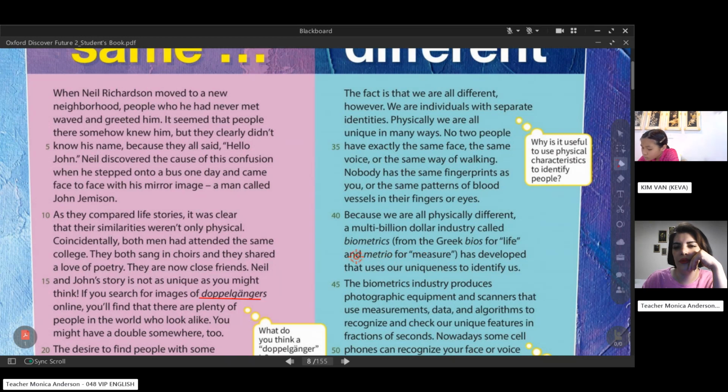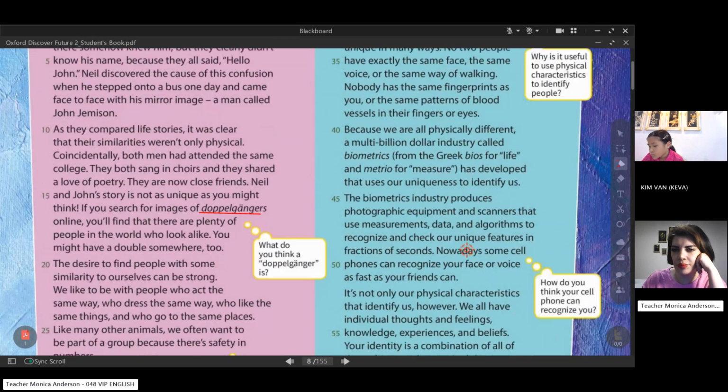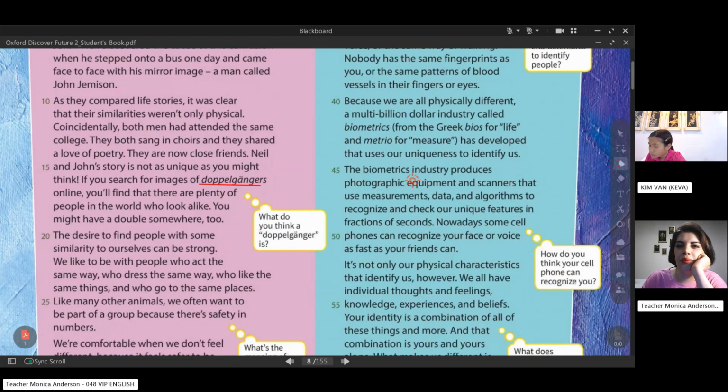Because we are all physically different, a multi-billion-dollar industry called biometrics, from the Greek bios for life and metrio for measure, has developed that uses our uniqueness to identify us. The biometrics industry produces photographic equipment and scanners that use measurements, data, and algorithms to recognize and check our unique features in fractions of seconds.